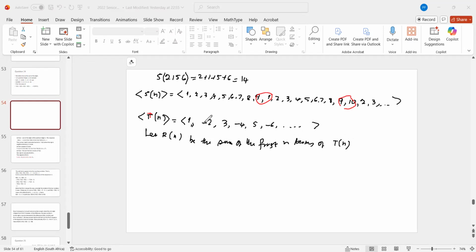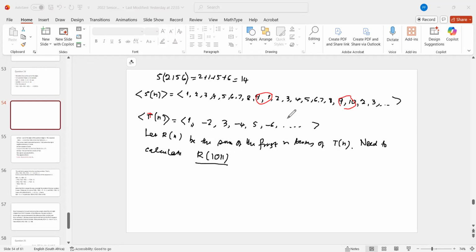And we had 1 minus 2 plus 3 minus 4. And then we need to calculate this sum up to 1011. So we need to work out R1011. Just remember that. This is the sum of the first 1011 terms.